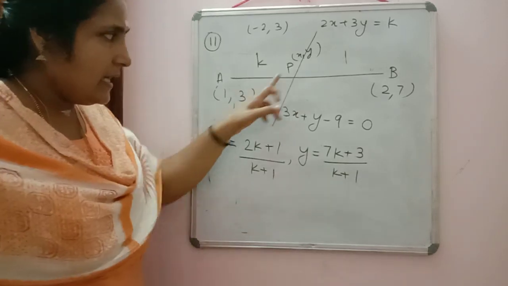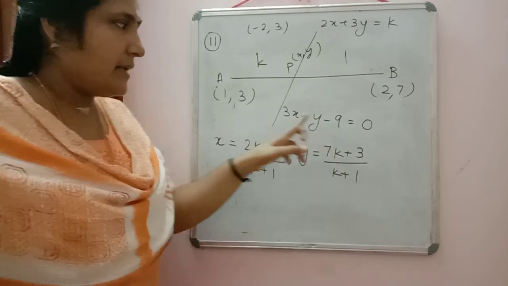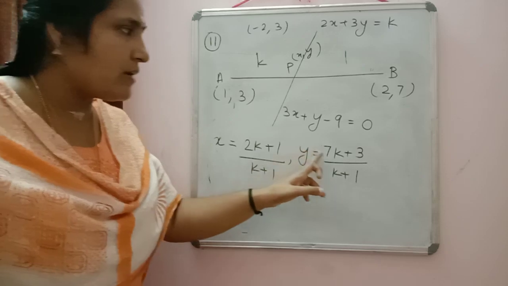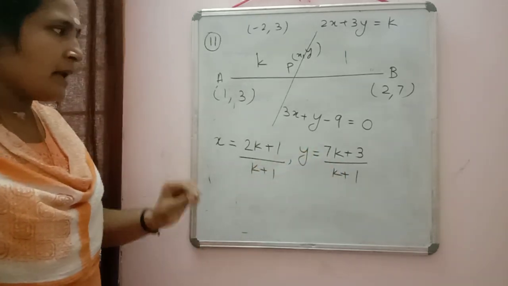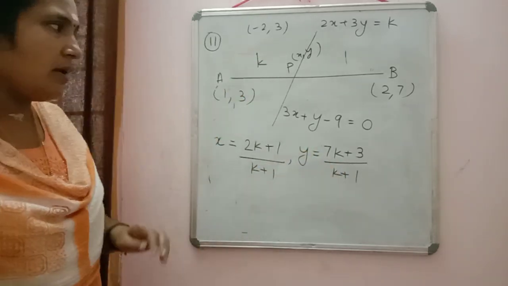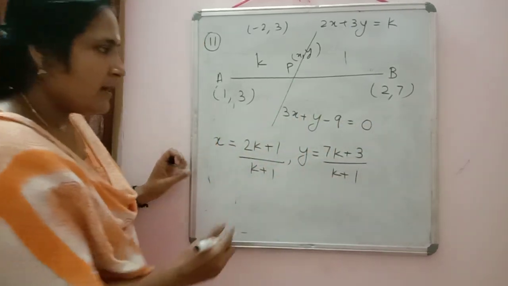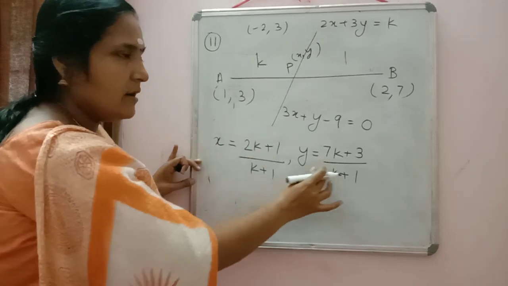The point P lies on this line, and we have taken the x coordinate and y coordinate of P as these. Now we write that P lies on 3x + y - 9 = 0. In place of x and y I am going to write these values.